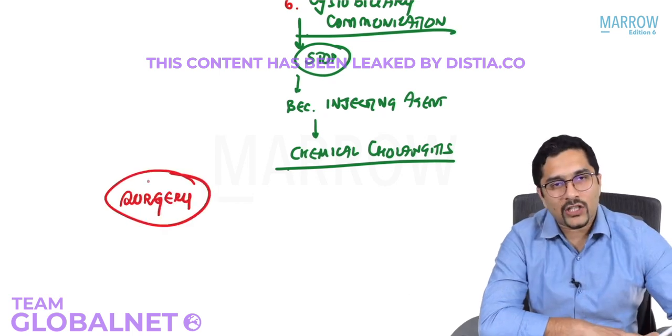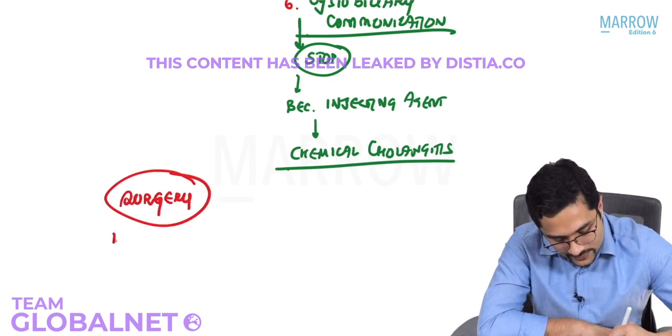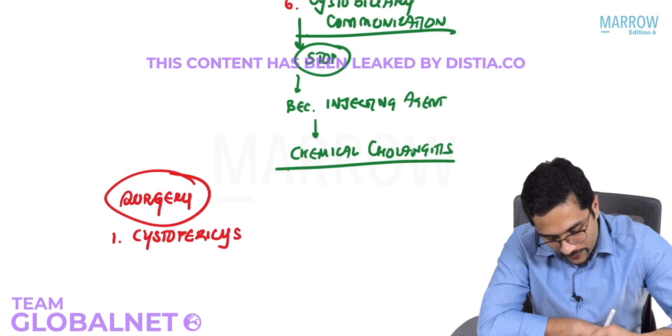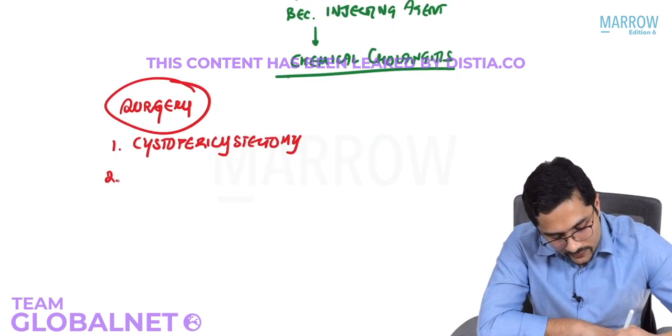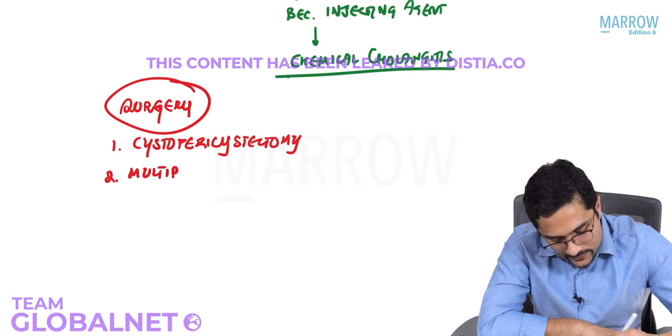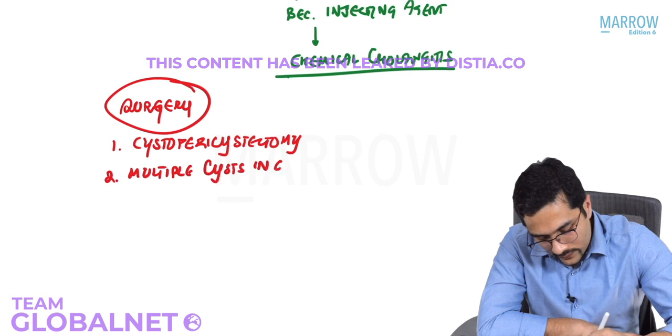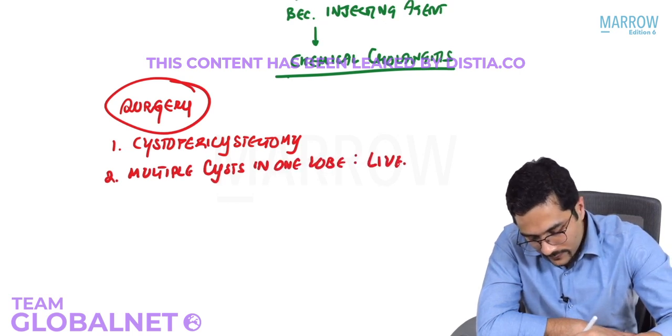And the various surgical options for hydatid disease are cystopericystectomy, where you remove the cyst along with the pericyst. If there are multiple cysts in one lobe, we can even do liver resection.